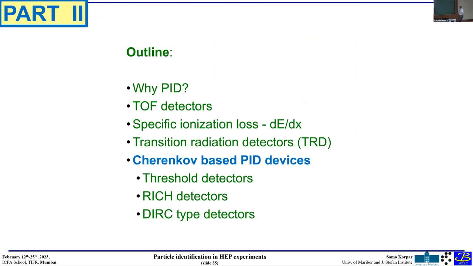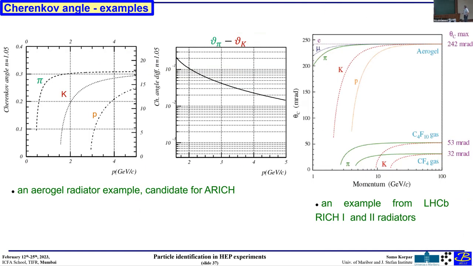Loosely speaking, the Cherenkov angle many times means this saturated value, here about 310 milliradians. Pions start at about 0.4 GeV and then reach saturation. Kaons start at about 1.7 GeV, and protons at about 3 GeV start to produce Cherenkov light. When the two angles become too close, due to the resolution of the detector, we start to lose efficiency.